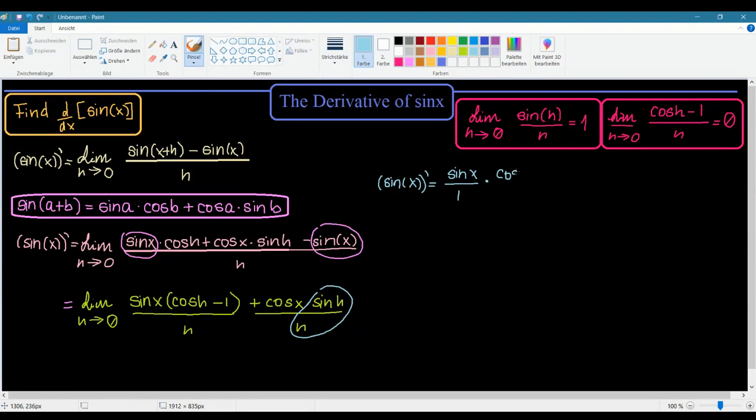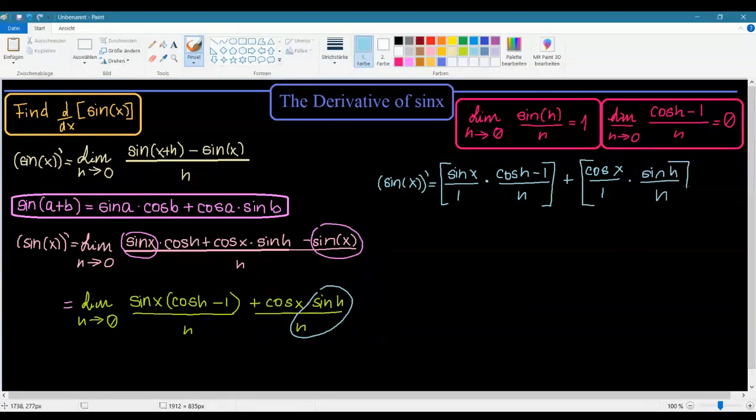And that is one chunk that belongs together. Then we're going to rewrite this right here as cosine x over 1 times sine h over h.